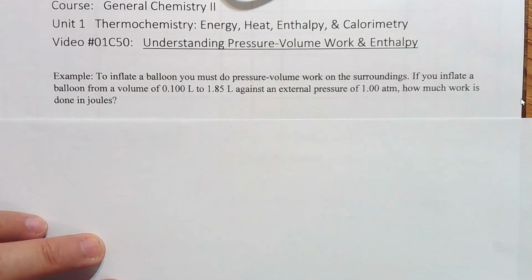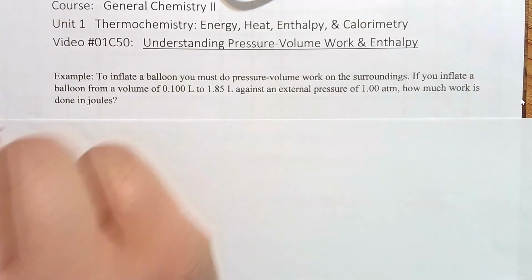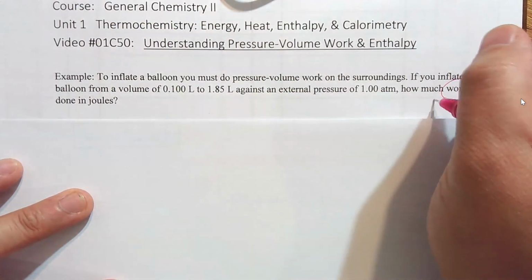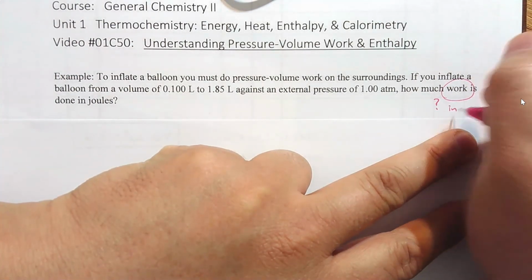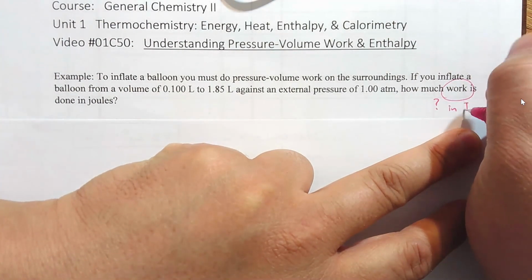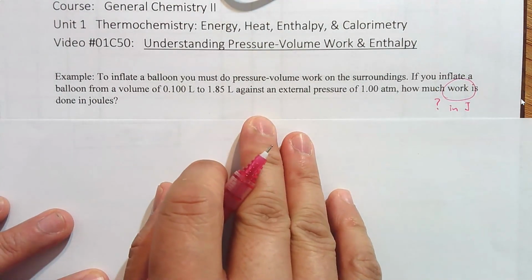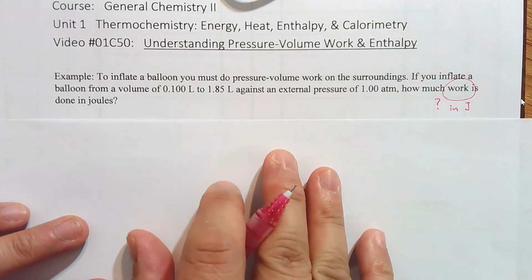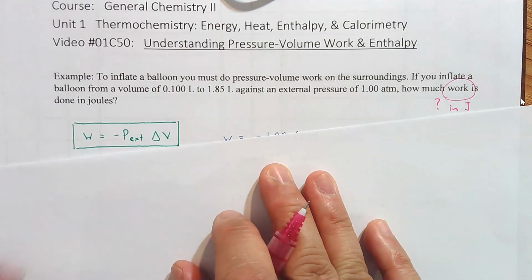All right, the first thing I would do is recognize that I have to get work. So here's work, question mark. And I have to remind myself that the answer better be in big J, joules. I look at what I'm given, and I recall an equation that I can start populating with values, and that's the pressure volume work equation.